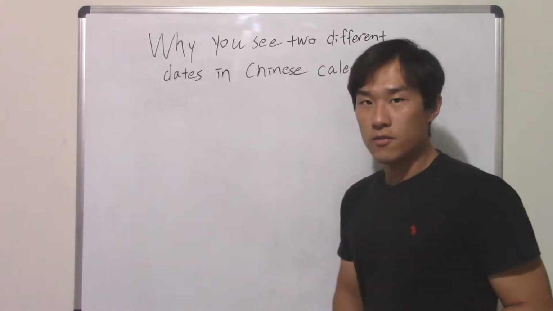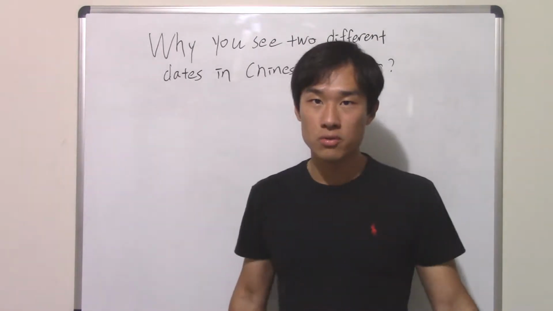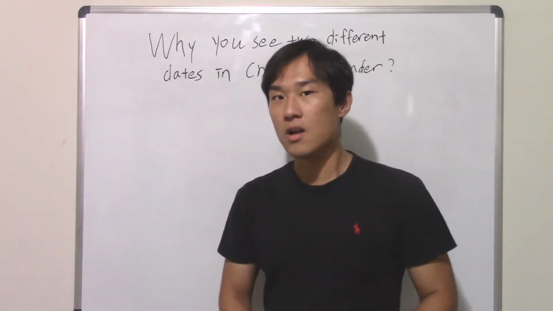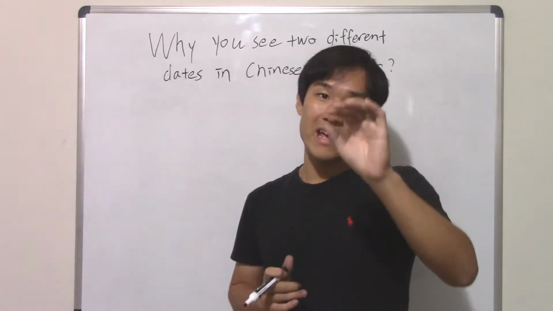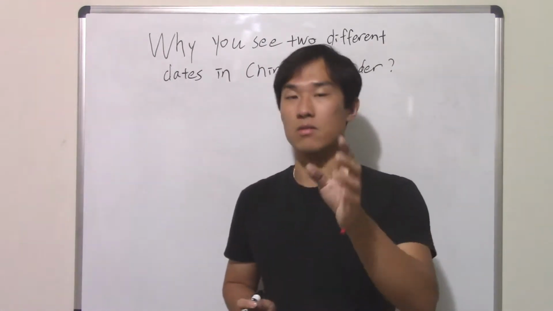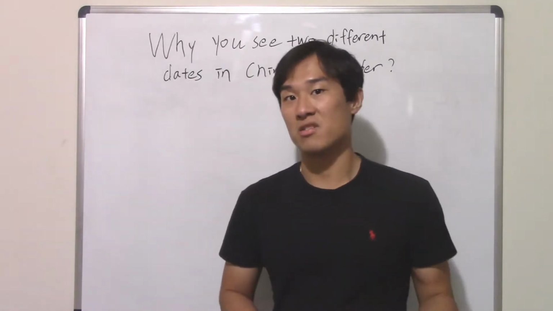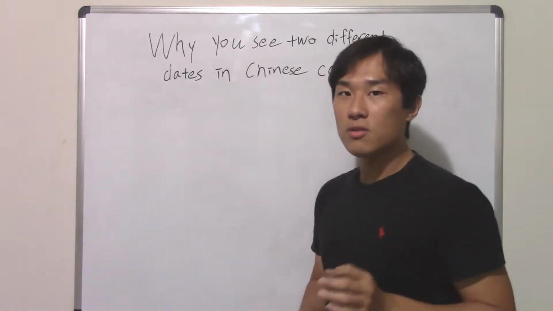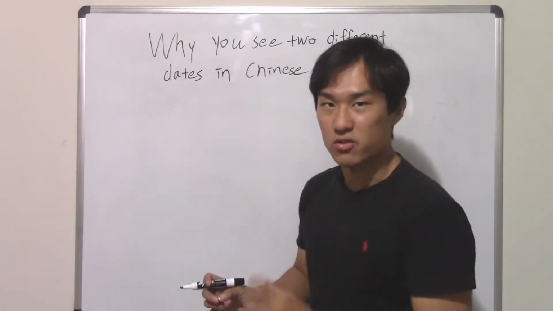Okay, so if you look at a Chinese calendar, I don't know, do you have Chinese friends or have you been to a Chinese household? Well, if you see a Chinese calendar, there are usually regular dates, Monday through Sunday, and then from 1st to 28, 29, 30, 31, depending on the month and the year, right? But there's also a small, different type of dates down there as well.